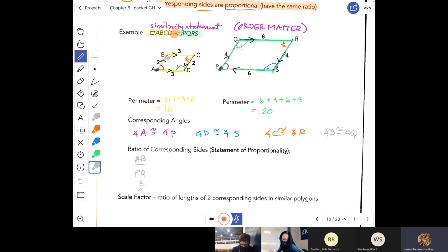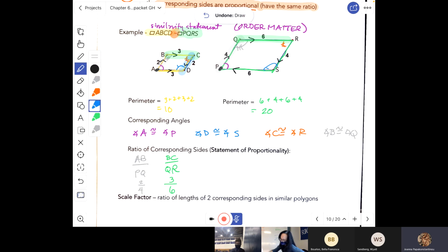All right, let's look at another corresponding side. I have BC corresponds to what? QR. So BC corresponds to QR. BC is 3, QR is 6. And I'm saying these ratios are equivalent. Okay, let's now look at CD.